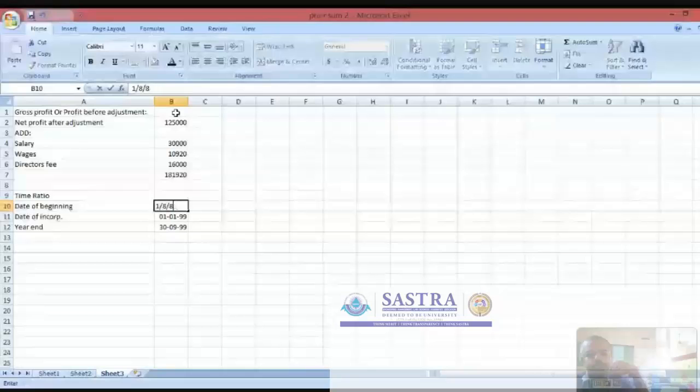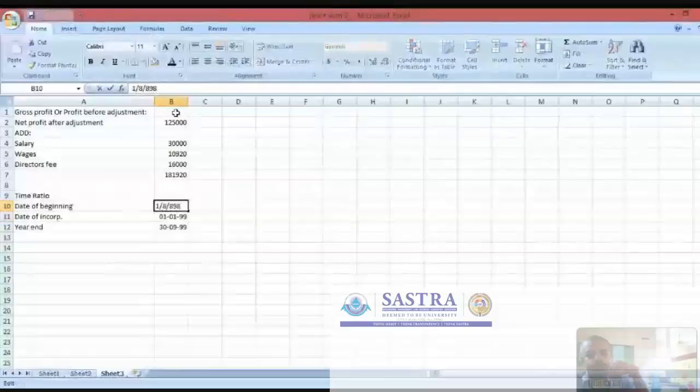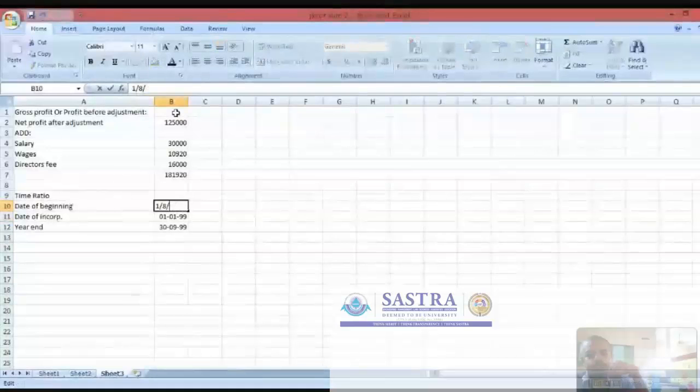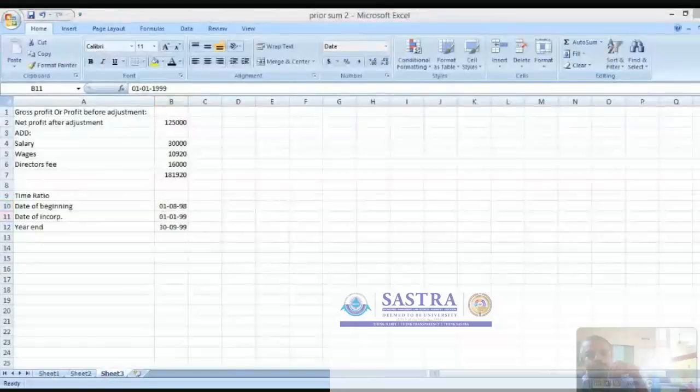1/8/1998. Am I right? Sir, how will the net profit be 1,25,000? The question says the accounts of the company for the period of 12 months ended 30th September 1999 disclose a net profit of rupees 1,25,000 after having charged the following amounts. So 1,25,000 is given as net profit after adjusting the following expenses.